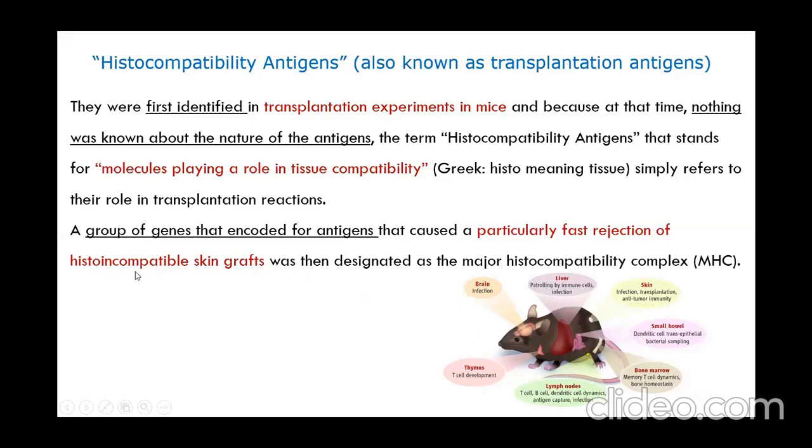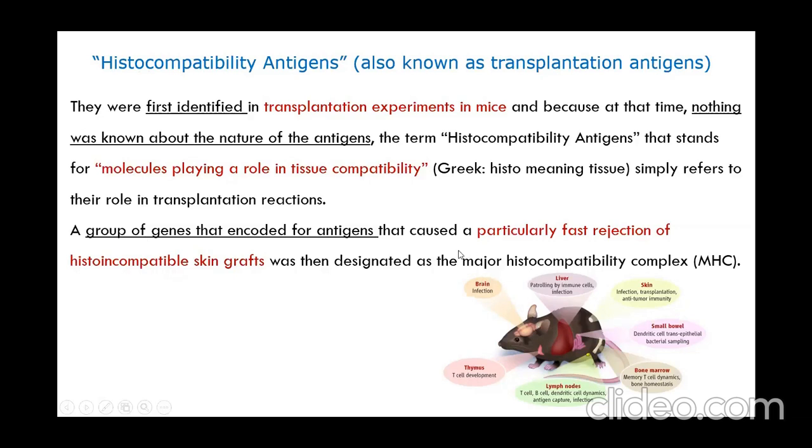If it is recognized as non-self, it becomes histoincompatible. There will be a rejection or some reaction in the mouse. If it is compatible, it matches with the recipient, and the mouse looks normal and healthy. Based on this concept of histocompatibility, these genes were identified.